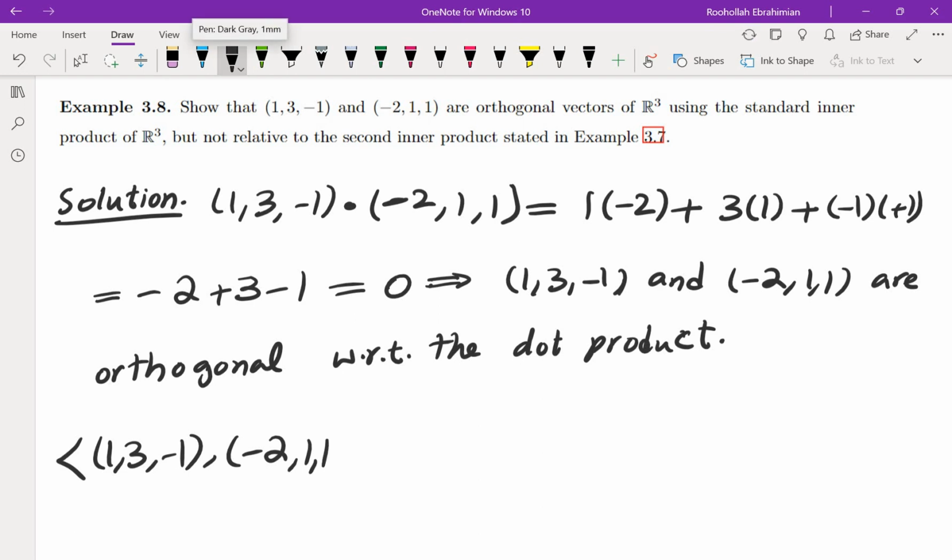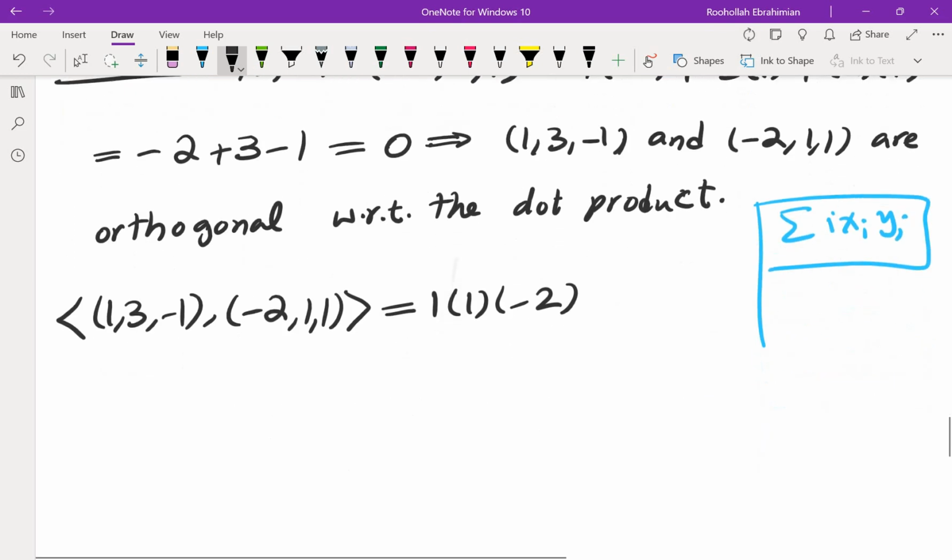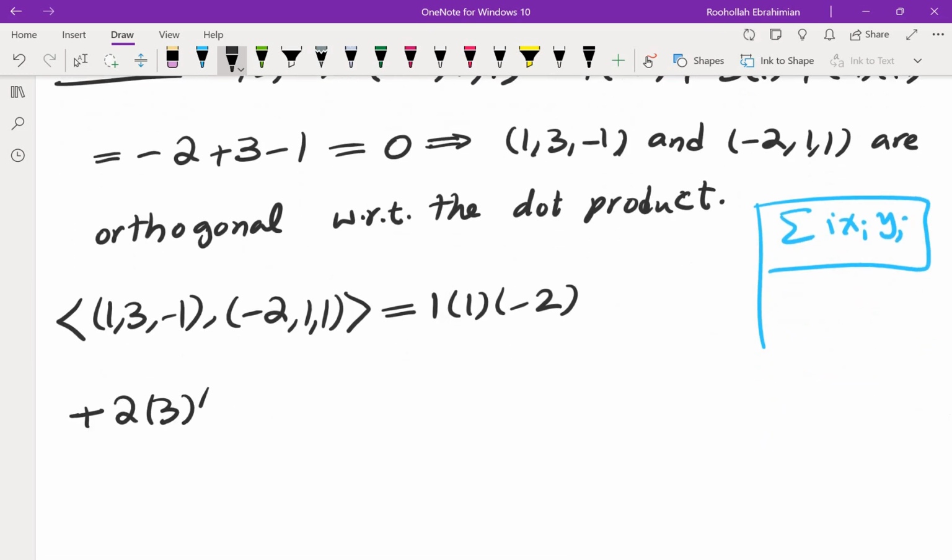Let me remind you of what that inner product was. It was the sum of i times xi yi. So I take 1 times negative 2, plus 2 times 3 times 1, plus 3 times negative 1 times 1.